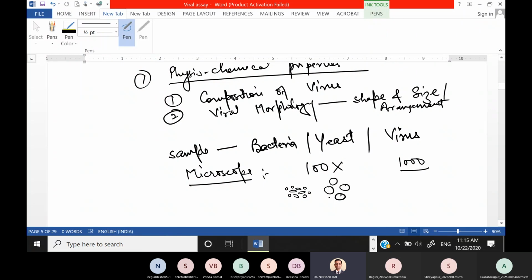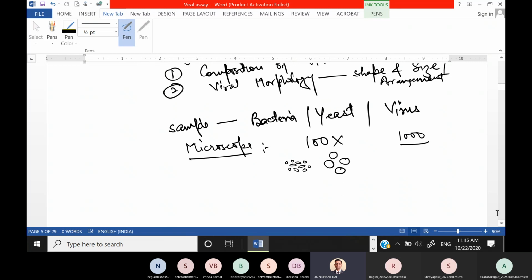Even if the sample is unknown to you, and it contains cocci and here it is yeast, you can differentiate the organisms on the basis of size. So this is bacteria and this is yeast. Theoretically you know the size of the organism and you can easily differentiate.